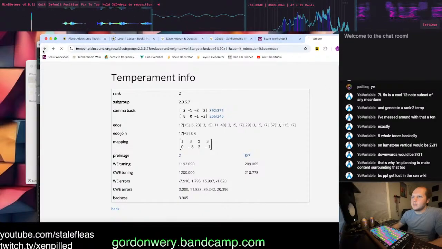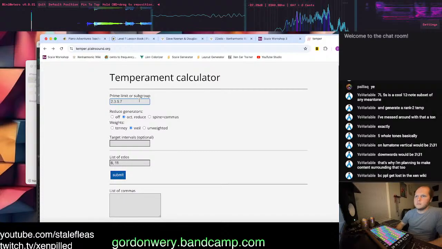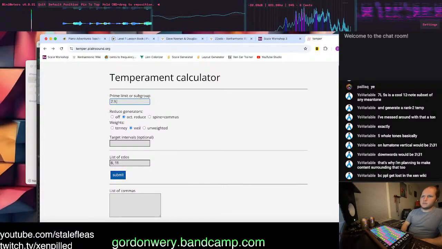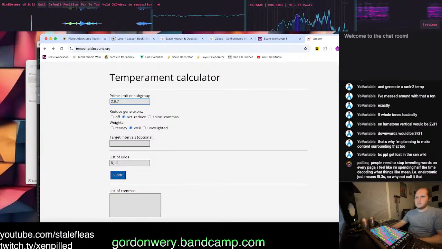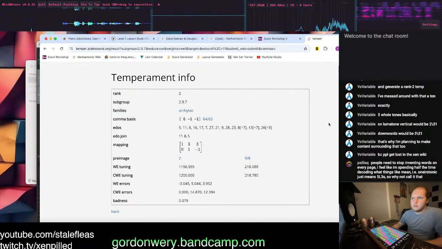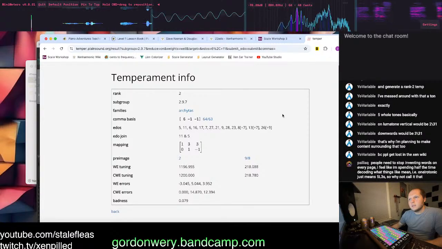However, let me think of what could potentially work. Maybe 2.9.something, like 2.9.7 or 2.9.5, because you wouldn't have a great approximation of your fifth. Dual fifth systems aren't great for this, because if you pick your sharp fifth or your flat fifth, you get something that looks like a 9/8.